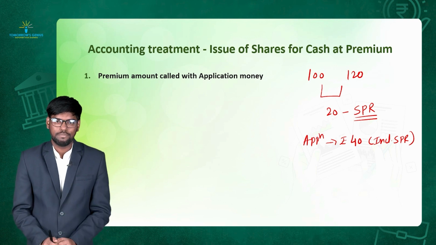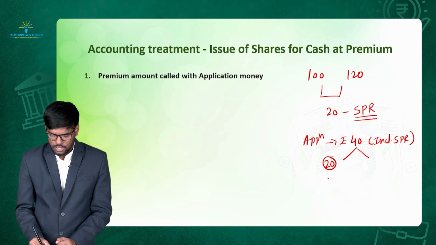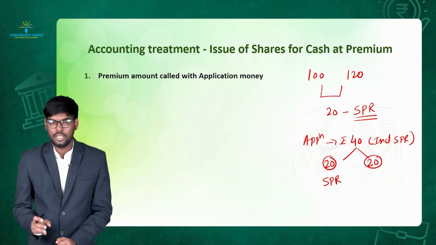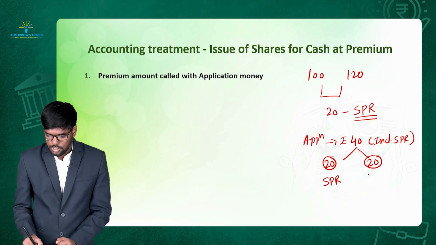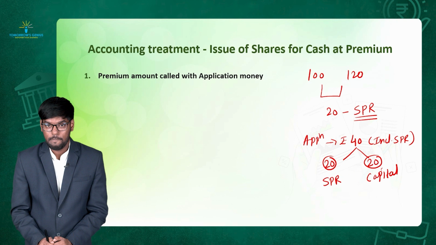So what does it mean? It means in this 40 rupees of application money, there are two amounts included. 20 rupees is for securities premium reserve and the balance 20 rupees is your core application money, which is a part of capital. So this 20 rupees is a part of your capital and this 20 rupees is part of your securities premium reserve, right? And accordingly we have to pass the journal entry.